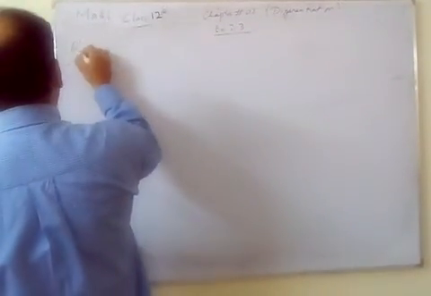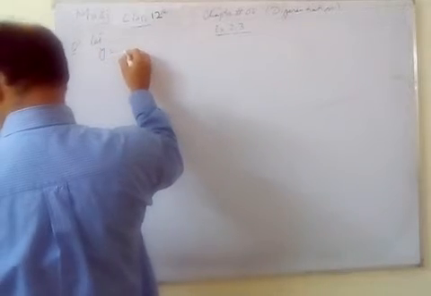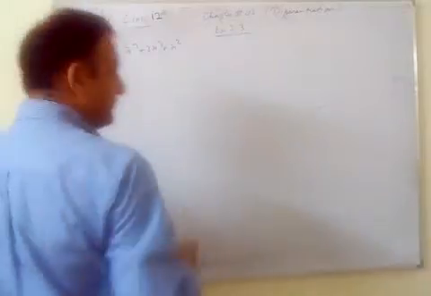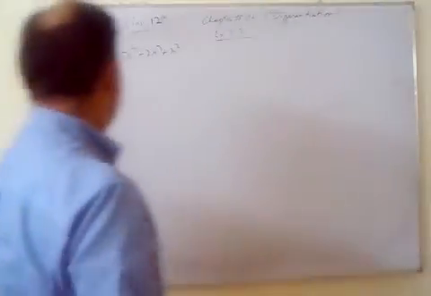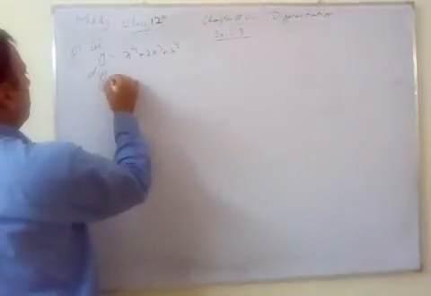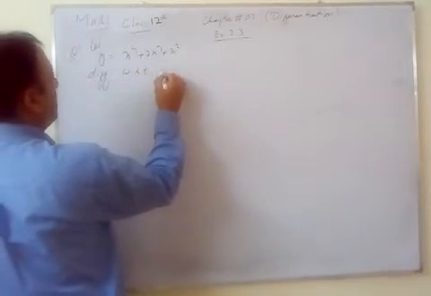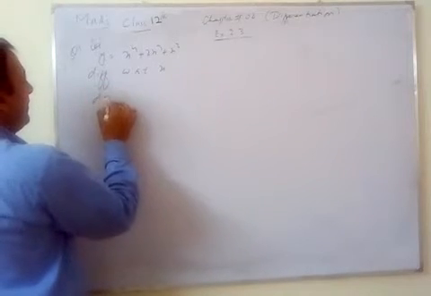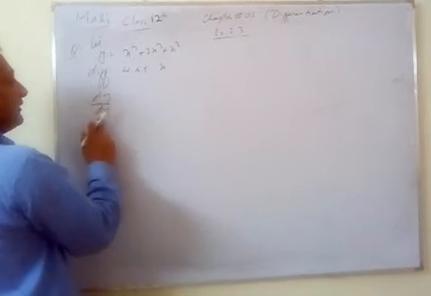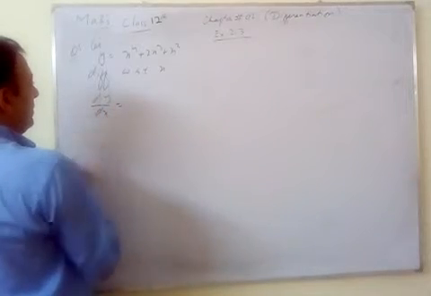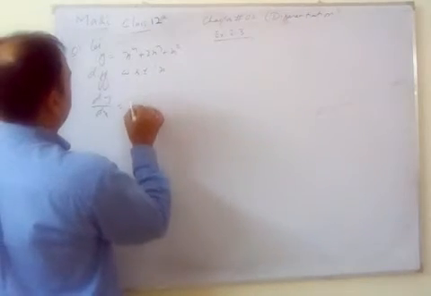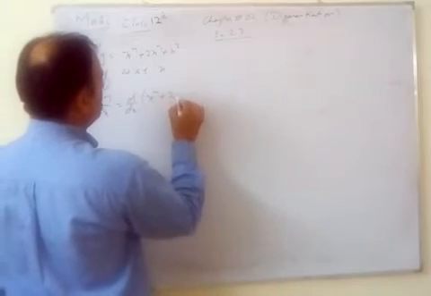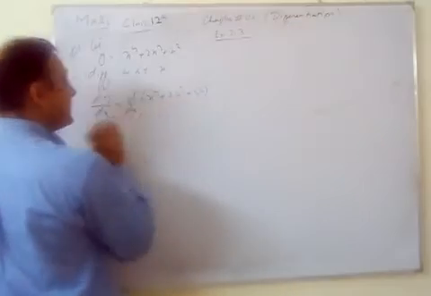Question 1: let y is equal to x power 4 plus 2x cube plus x square. This is simple. Differentiate with respect to x. Here we have to write dy by dx, derivative of y with respect to x, that is derivative of x power 4, 2x cube, plus x square with respect to x.